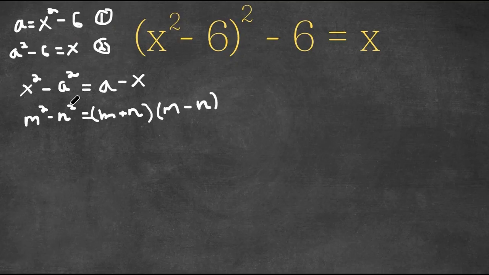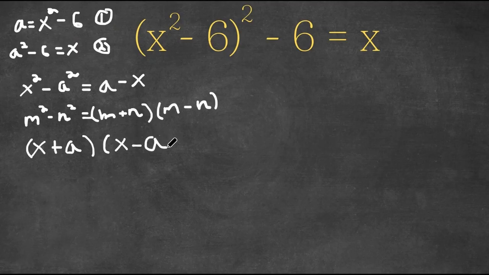Meaning x² − a² is equal to (x + a) times (x − a). And now if I add x on both sides, we would get plus x. And then if I subtract a on both sides, we would get minus a. And now because there's nothing left on our right-hand side, we would simply have 0.